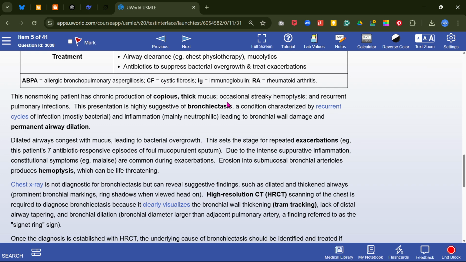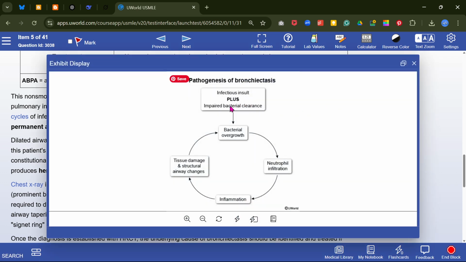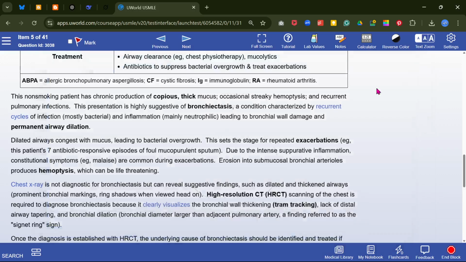So copious thick mucus, streaky hemoptysis, and recurrent pulmonary infection are suggestive of bronchiectasis. There is a recurrent cycle: infectious insult plus impaired bacterial clearance, bacterial overgrowth, neutrophil infiltration, inflammation, tissue damage, and structural airway changes.